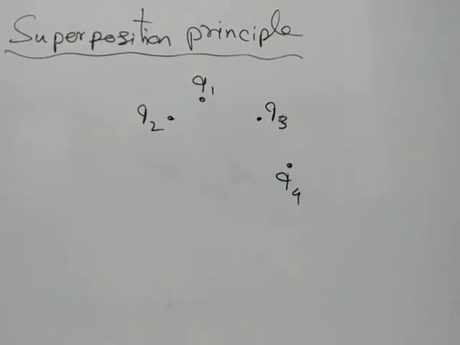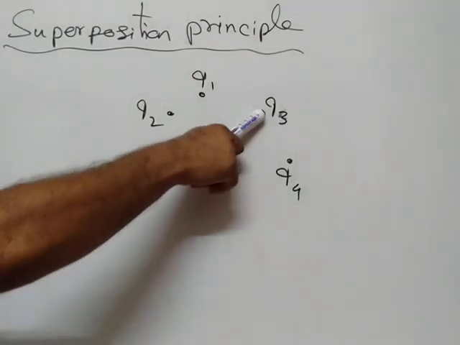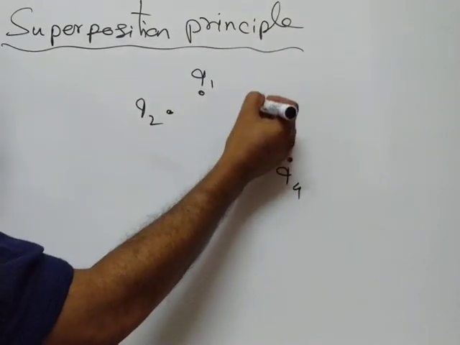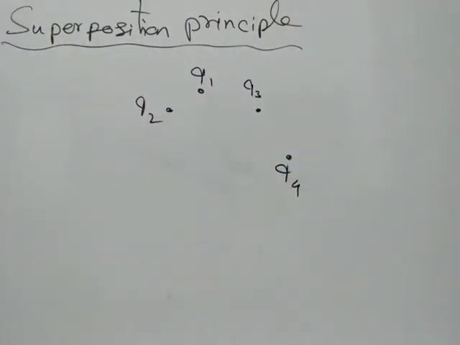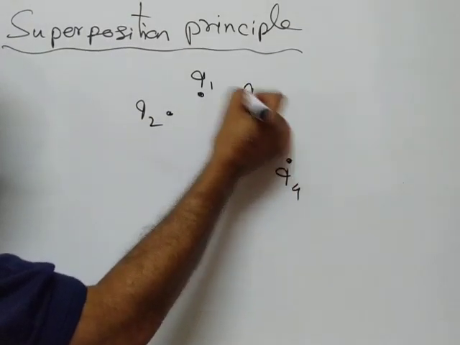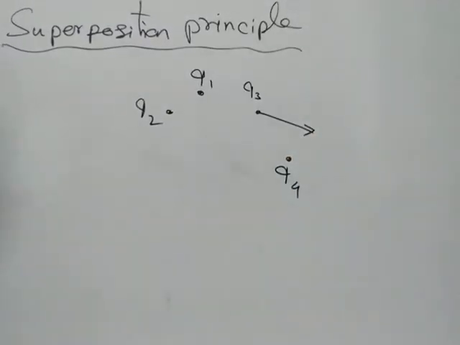Then what would be the resultant force on Q3? First Q1 will exert a force on Q3. If they are of the same type, then the force is in this direction.